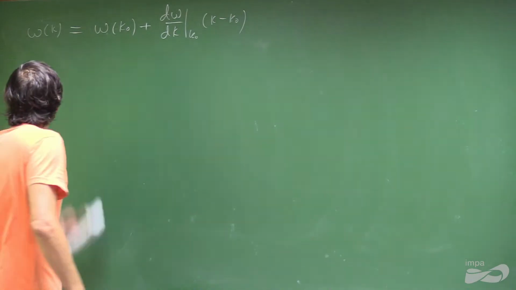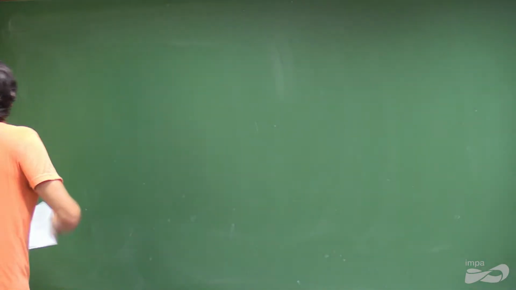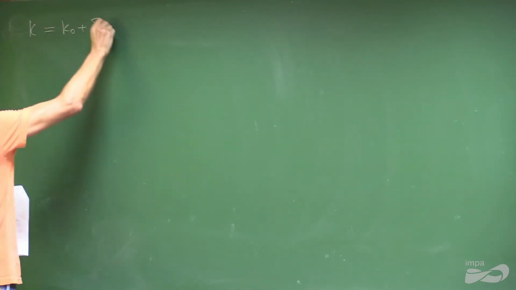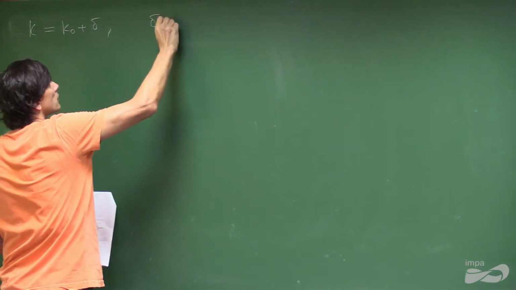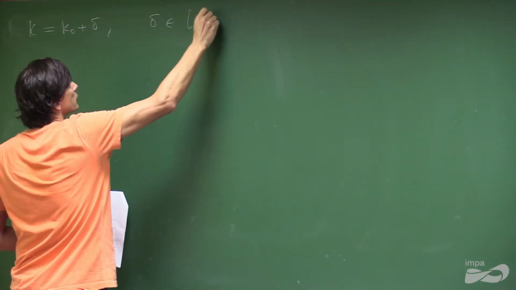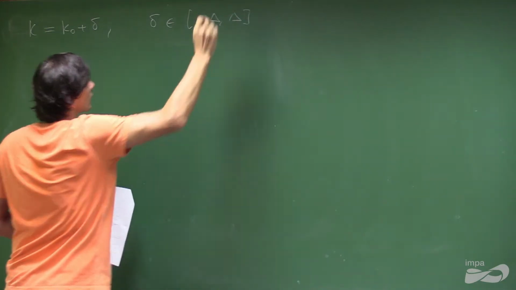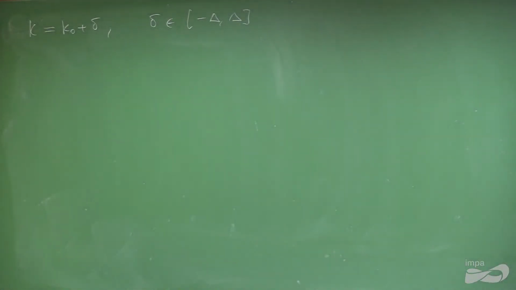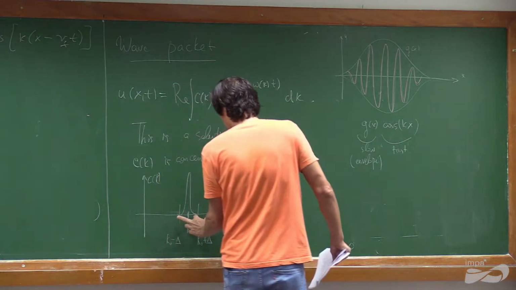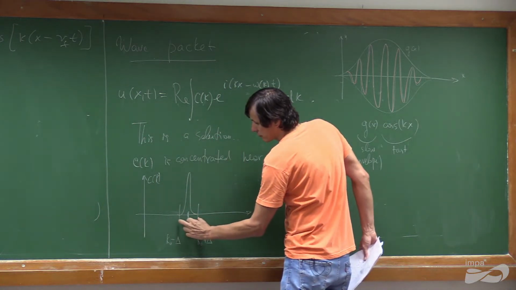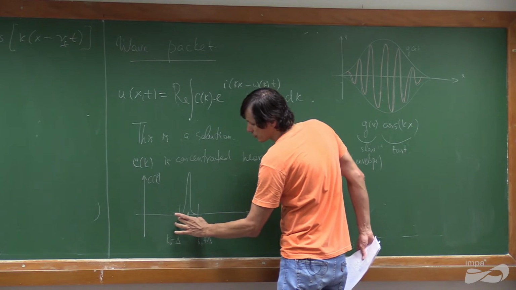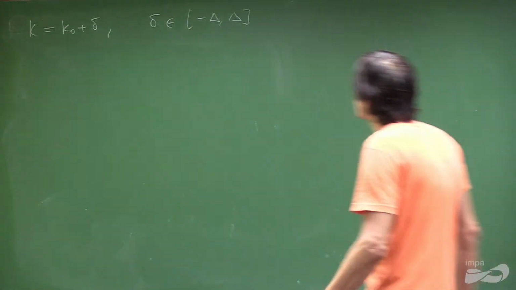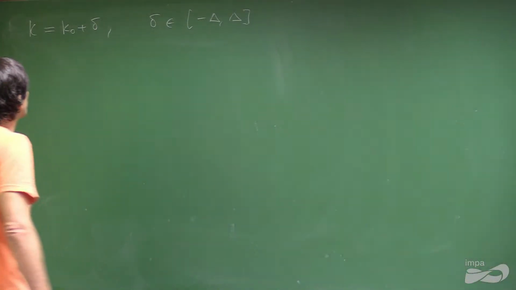So we take k as always k0 plus delta, where delta is more or less between minus delta and plus delta. That's the case that we enter in our game, because c is essentially 0 outside of minus delta to plus delta, approximately.